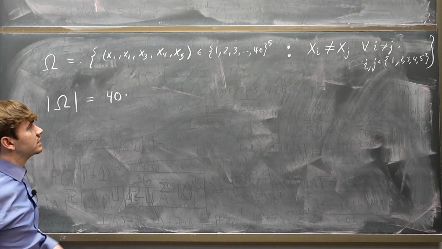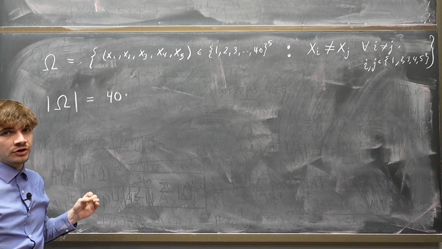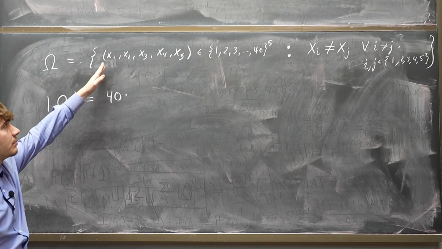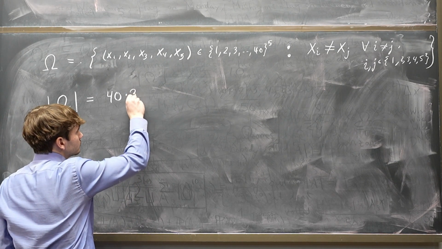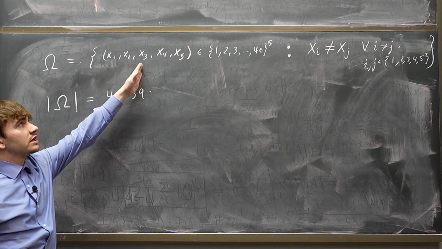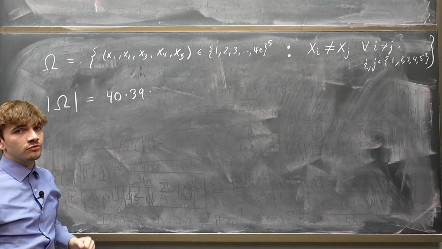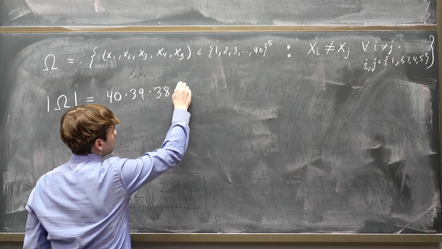Then I choose the second lottery number. In choosing the second lottery number, I have 39 choices because I'm not allowed to choose the same number twice. Similarly, once I've chosen the first 2 numbers, then to choose the next number, I have 38 remaining choices, and so on and so forth.